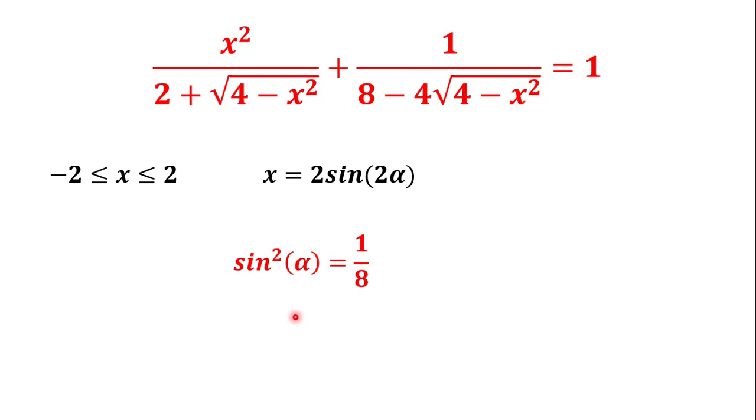As you know, cosine squared of alpha equals 1 minus sine squared, or 1 minus 1/8, and that is equal to 7/8.